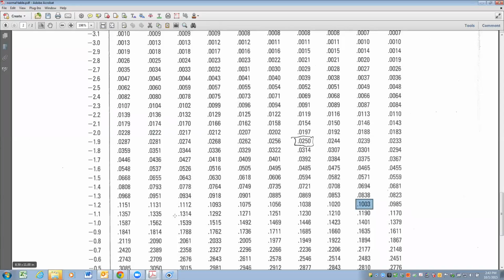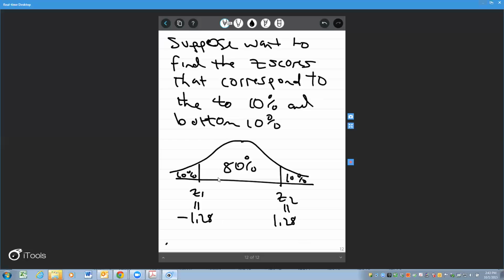Again, notice we have a nice symmetric picture. So these are going to be at the same point, just different signed, because we know that 0 is in the middle. And we looked up 10% to get that number and used the symmetry to come up with that.